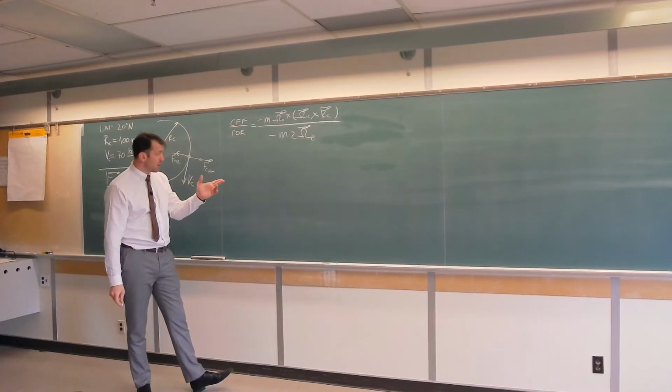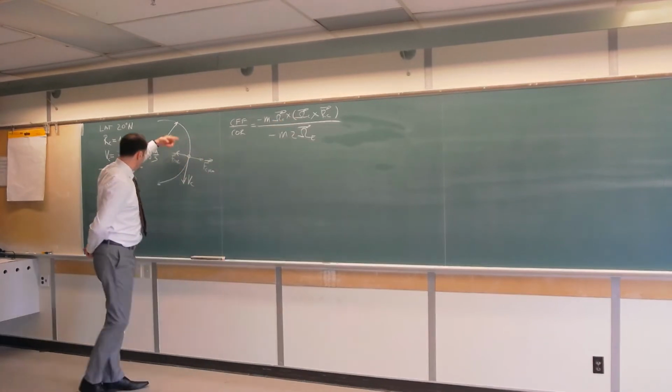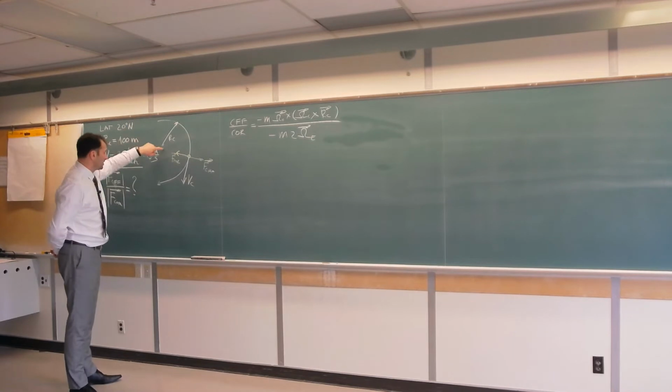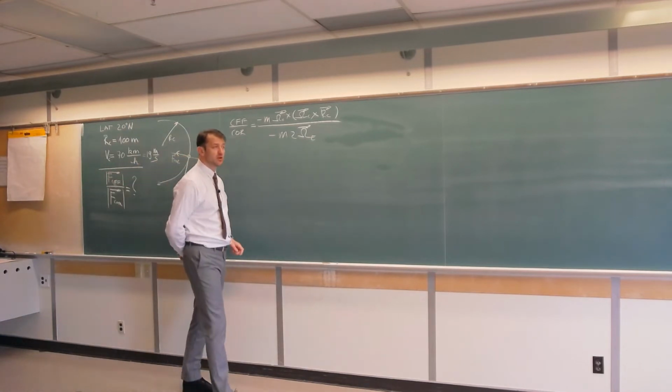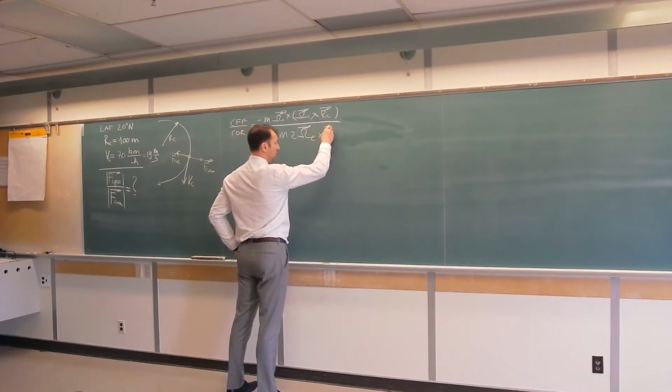First point where you can make a mistake, these are not the same omegas. This is omega, angular velocity of this car going in this circle, and this is angular velocity of our planet, cross velocity of the car.